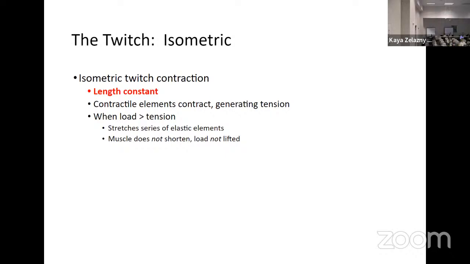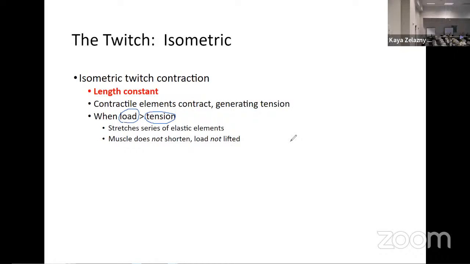You still are creating some tension, just not enough to move something. Okay. So in an isometric twitch, we have a situation where our load is greater than the tension. So something's heavier than your muscle is able to create force to lift it. So an isometric twitch, by definition, our load is greater than the tension.